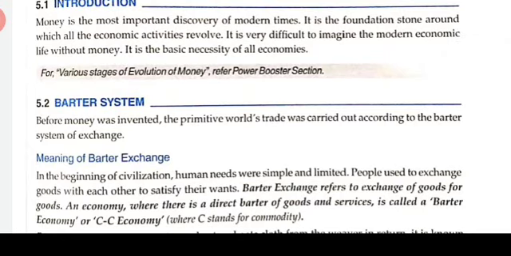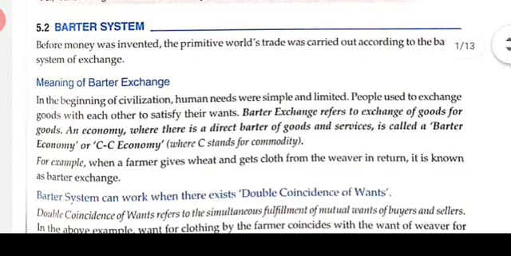Barter exchange refers to the exchange of goods for goods. An economy where there is a direct barter of goods and services is called a barter economy. It is also called the C-C economy, where C stands for commodity.